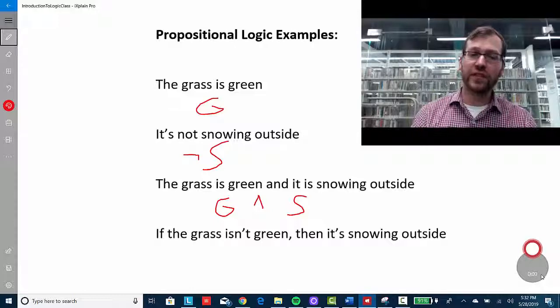Or this last sentence that says, if the grass isn't green, then it's snowing outside.